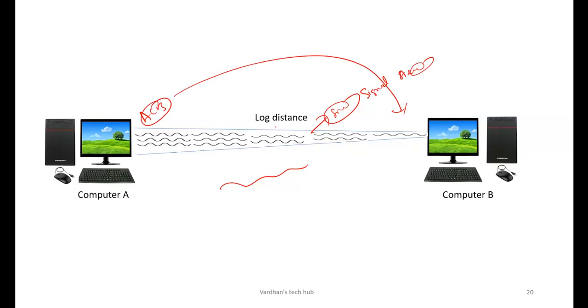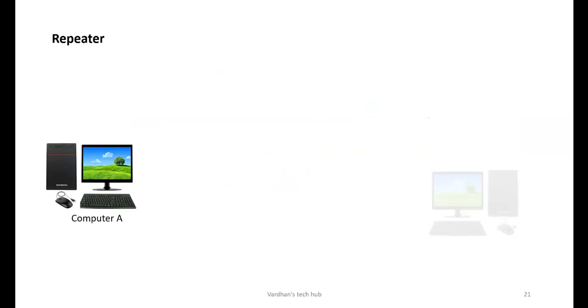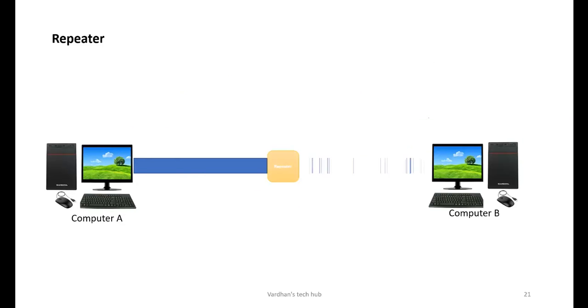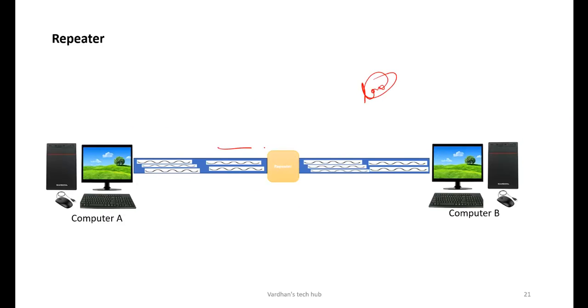So that's why we have one device coming into the picture, that is a repeater. Whenever computer A is sending to computer B and they are connected with a long distance, we can keep the repeater in between, and it regenerates the signal to computer B. So the signal strength will be the same for sending and receiving if you are using the repeater network device.